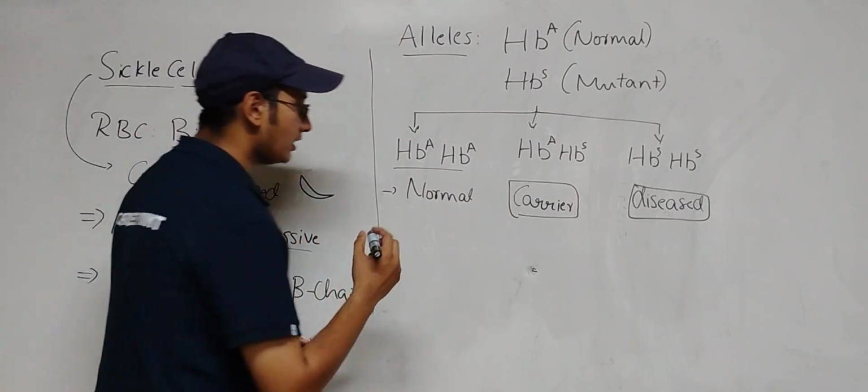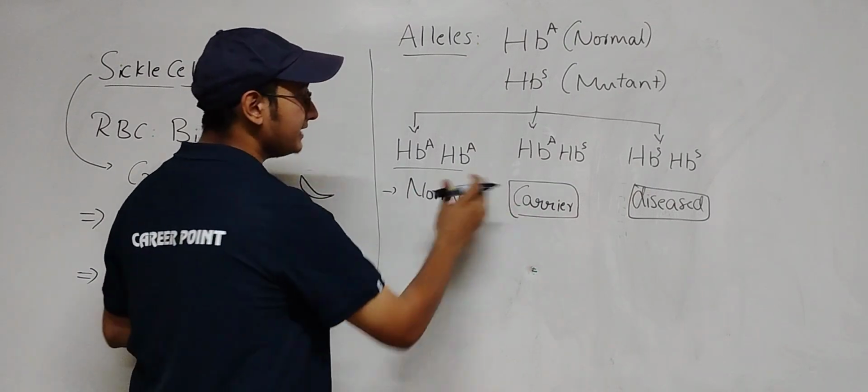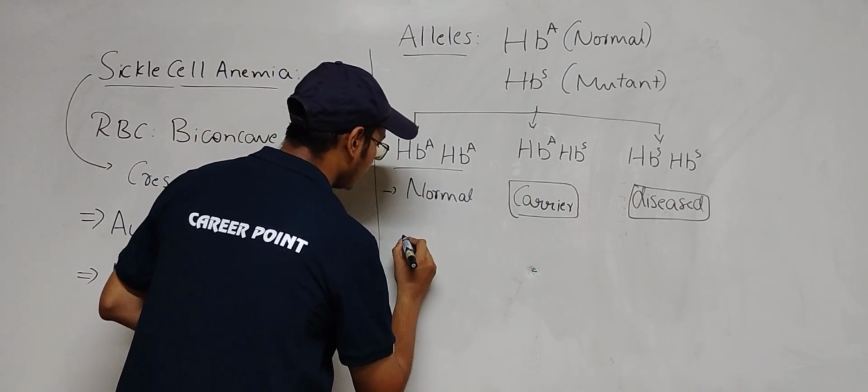Let's draw a Punnett square for carriers.